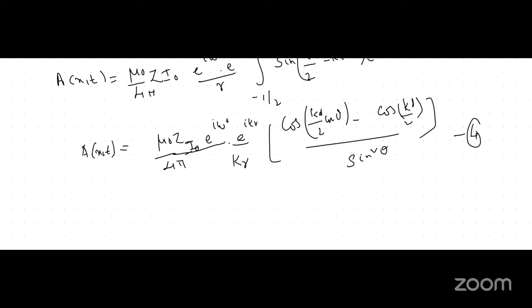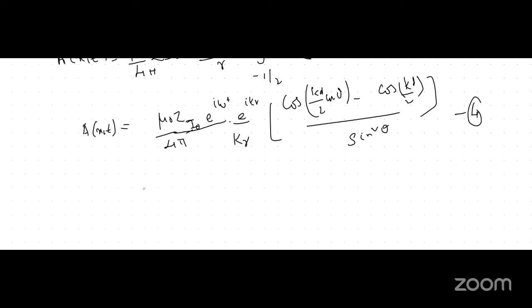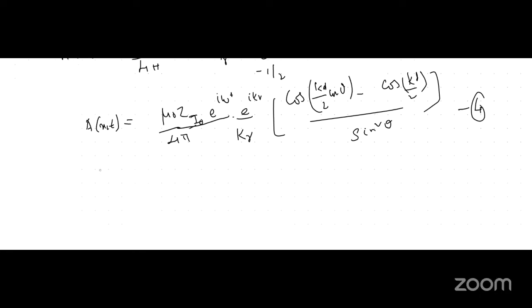In order to get the B value, we have the formula B is equal to del cross A. So here we can write B is equal to i k n cap, that is unit vector, cross A. From that we can write the B mod value as half k square A square sine square theta.